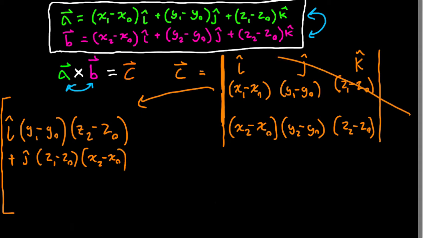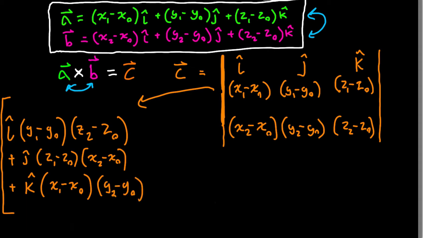It goes down here and then over here. And then our last term will be k times x1 minus x0 times y2 minus y0. And those are our positive terms, because we go here and here. That's our last diagonal.